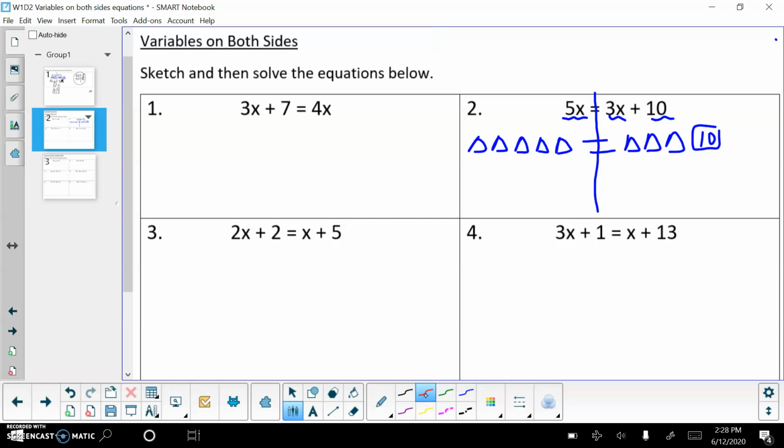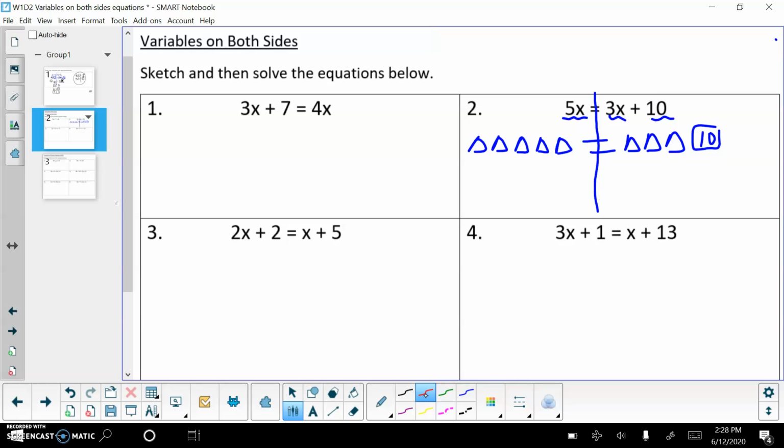So what I'm noticing is that I've got triangles or x's on both sides. And I want to try to get my triangles together on one side so that they're isolated and by themselves because I want to know what one triangle or one x equals. Since I've got triangles on both sides, I can take away some of those triangles as long as I do it to both sides the same amount.